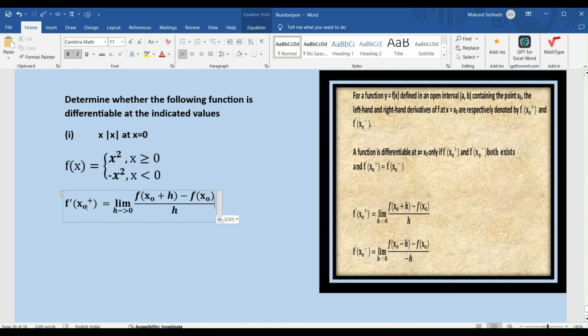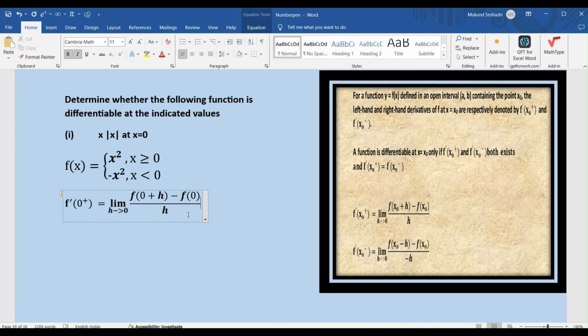And in this case, my x naught is 0. So wherever I have x naught, I can comfortably replace it by a 0, right? So this is f dashed of 0 plus, that is equal to limit h tending to 0, f of 0 plus h minus f of 0 divided by h, right?